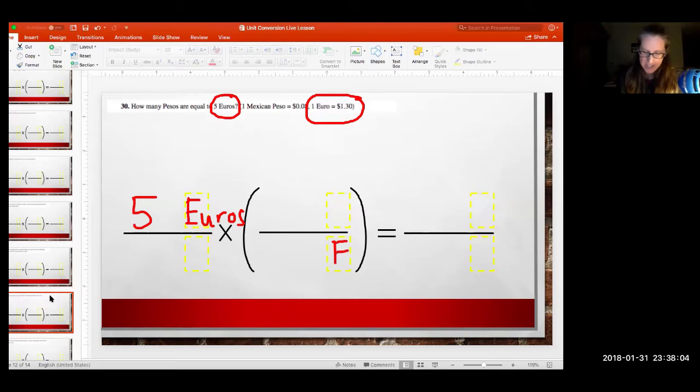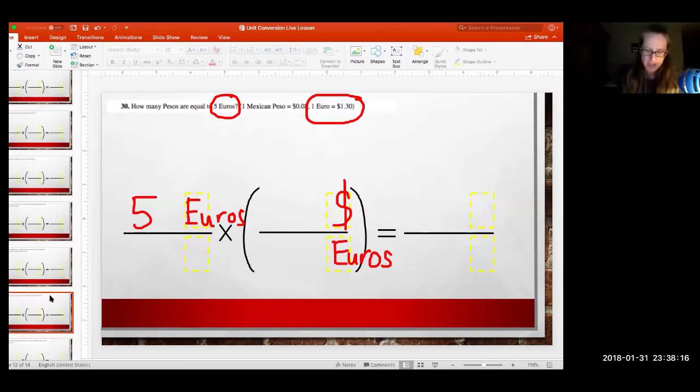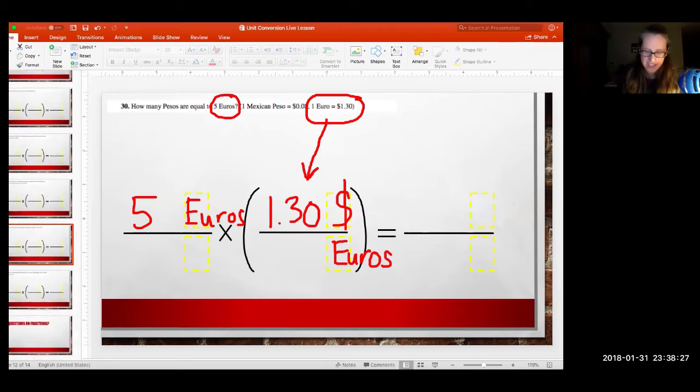Was that what you were going to say, Diego? Euros goes on the bottom and dollars goes on the top. And so we're going to take this information right here and put it into here. So $1.30 and 1 euro. Okay?